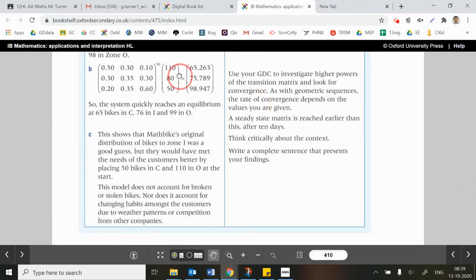It looks to me like they should have put 65 in the central district to start off with, then 76 here, and then 99 here, because the initial choice was slightly incorrect, and after time we find it's approaching this steady state, a system which is working well.